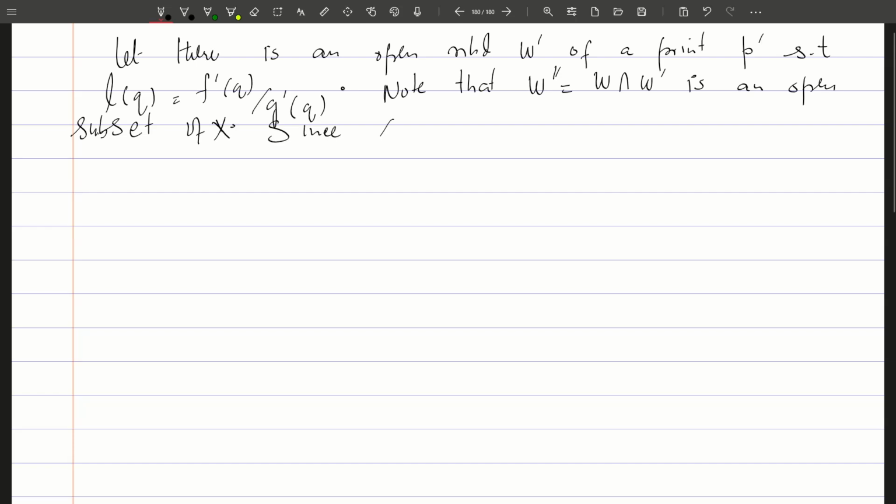Since X is irreducible, W double prime is a dense subset of X. Now, if we show that F of Q over G of Q is the same as F prime Q over G prime Q on this W double prime, then we are done.